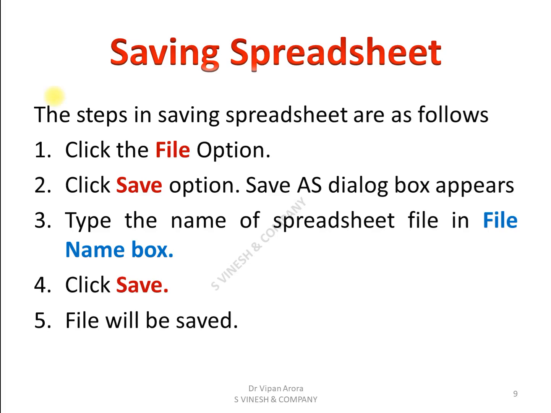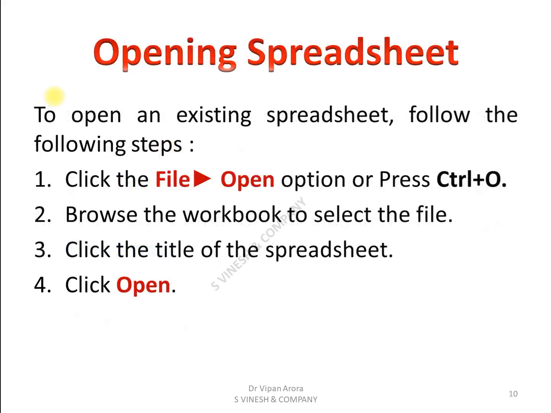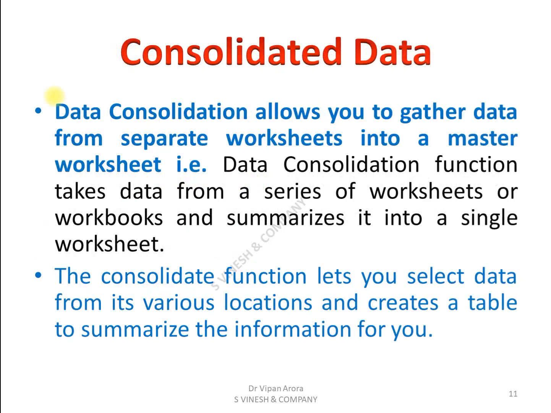Click File, click Save, write the name of the file, and that particular file will be saved. And to open an already existing worksheet, click on File, click on Open or press Ctrl plus O. Browse to find the particular worksheet and click Open. That particular worksheet will be opened.